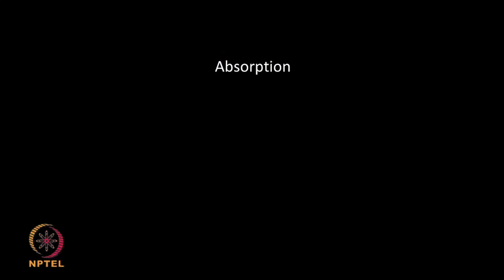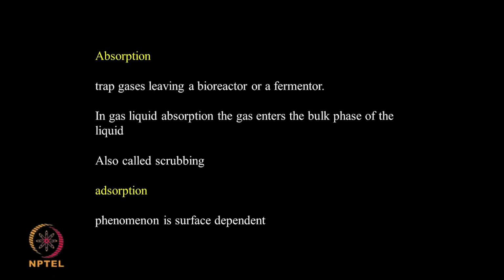Okay. Absorption is an important technique, especially to trap the gases leaving a bioreactor or a fermenter. There could be carbon monoxide, carbon dioxide, methane and many other toxic gases produced during fermentation. You do not want them just vented into the atmosphere.